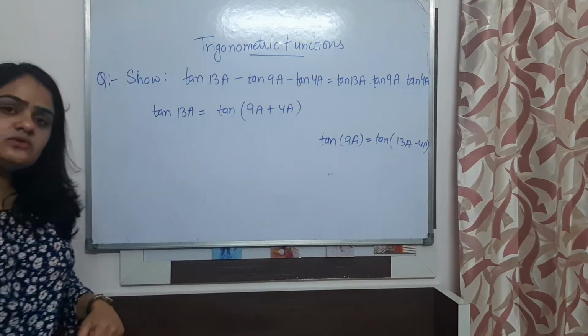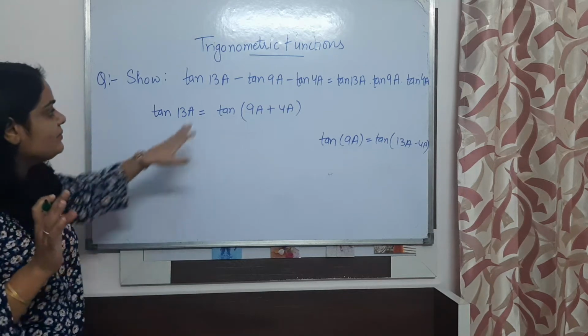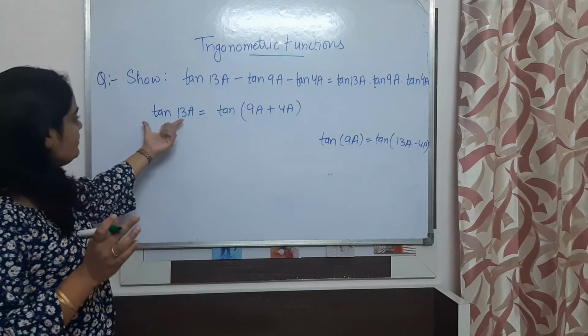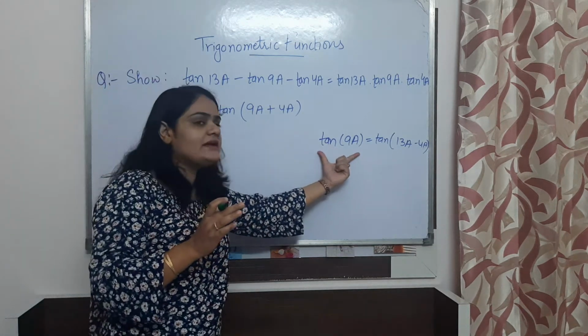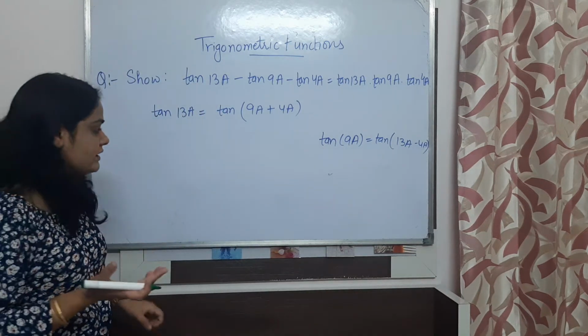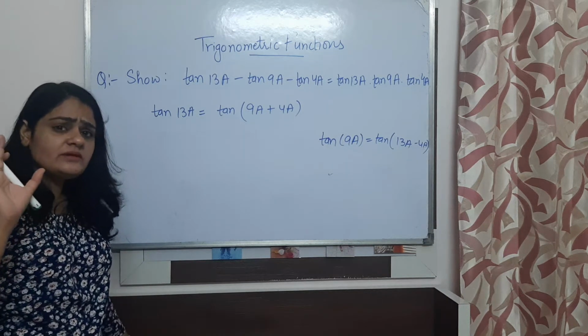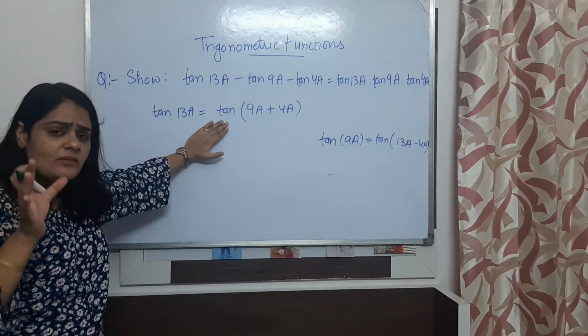So I need to segregate the angles into those angles which are present in the statement. This is the main thing. Here I have taken tan of 13a, but even you can take tan of 9a and segregate it as tan of 13a minus 4a. So it's up to you. With your presence of mind or your choice, the formula will depend.